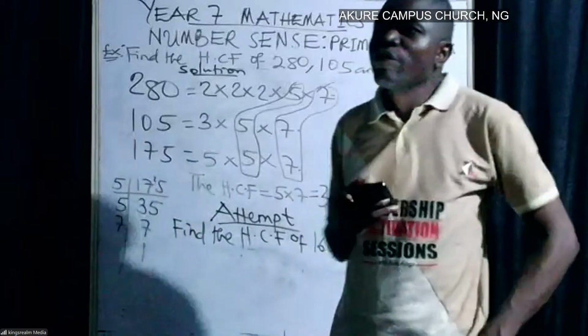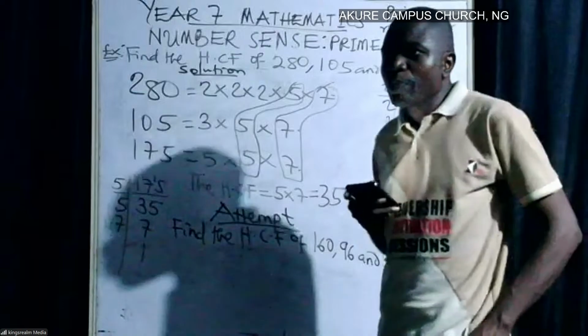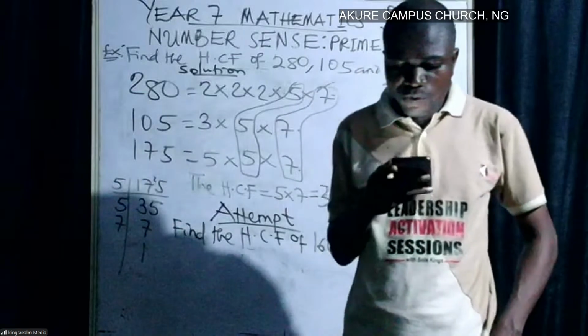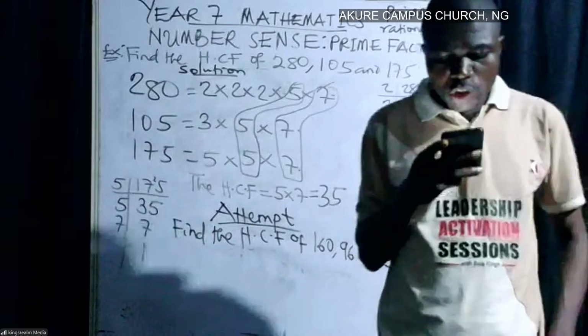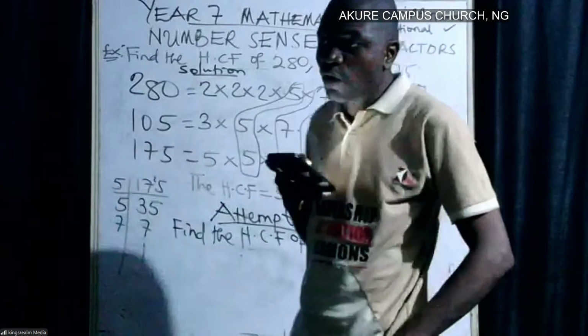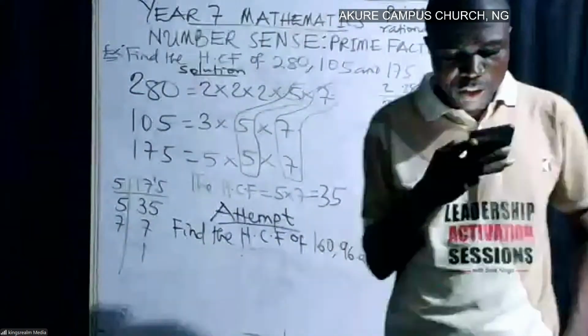I don't know if the class code has been given to you, but I just dropped it on the platform. The Year 7 class code for this math class. So you can also take a snapshot of your working and submit it there in the Google Classroom.